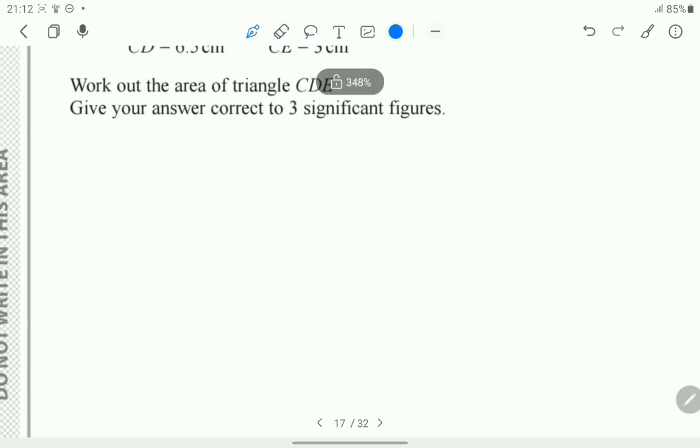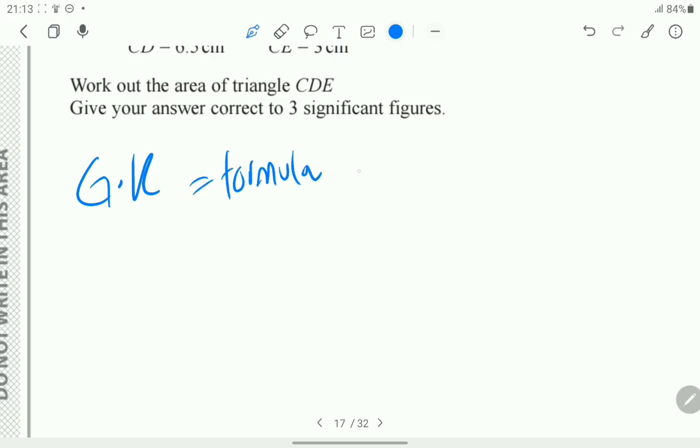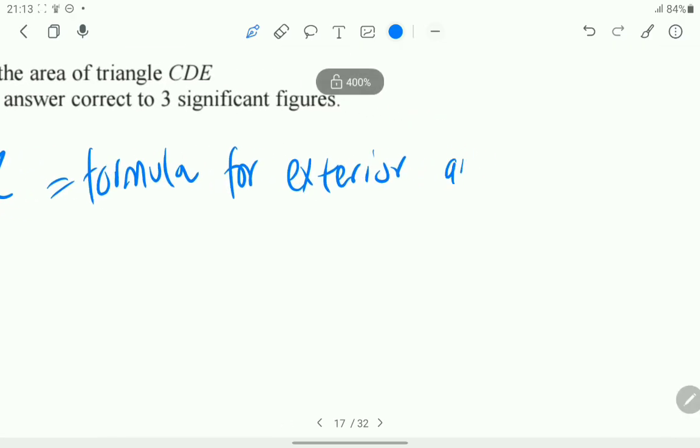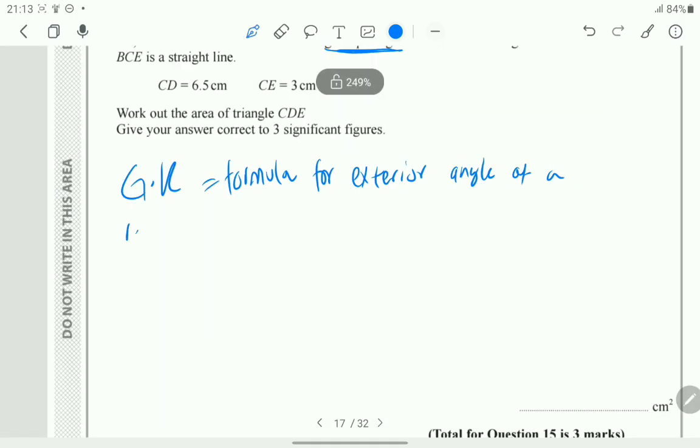So just for your general knowledge, the exterior angle of a regular polygon is 360 divided by n.